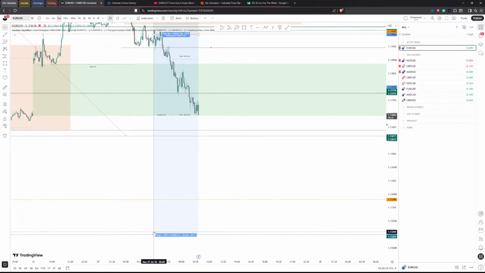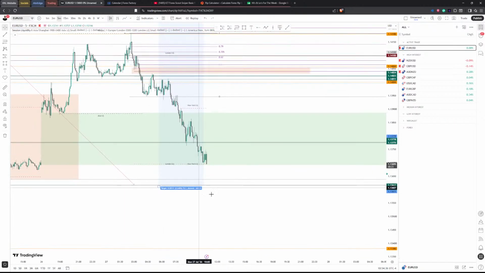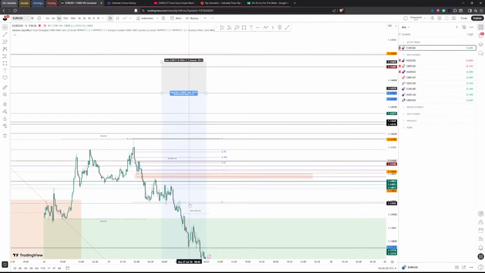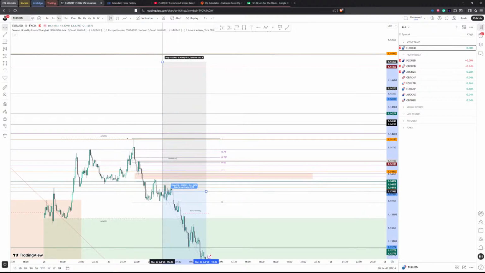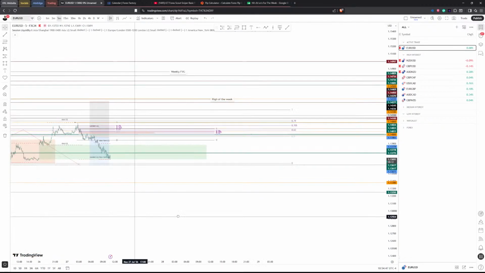This overall is a 1 to 6. This reaching here is a 1 to... what? Why is my entry order up here? I'm missing something.